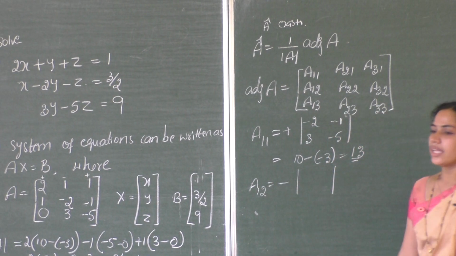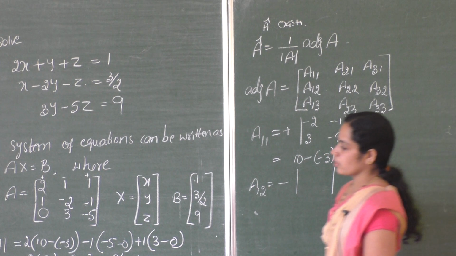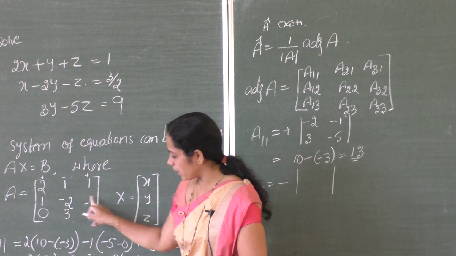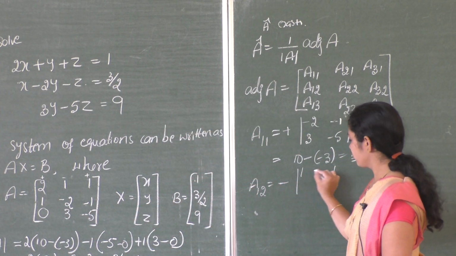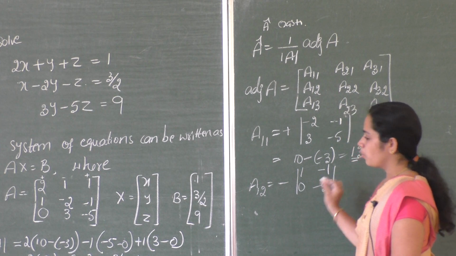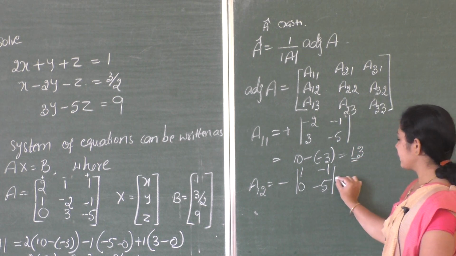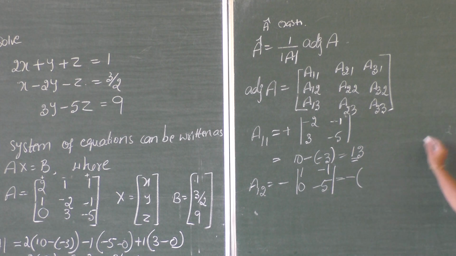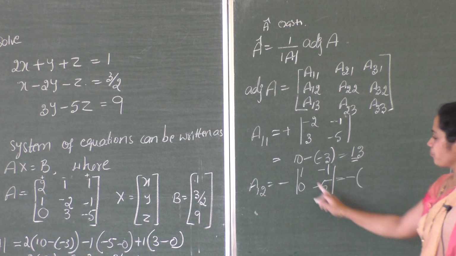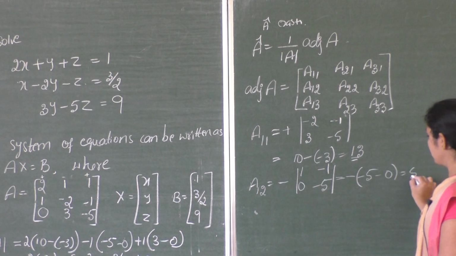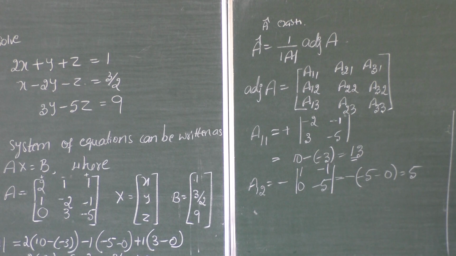A12 is negative. Delete first row and second column. What is remaining? 1, minus 1, 0, minus 5. This is equal to minus of minus 5 minus 0, so it is plus 5.